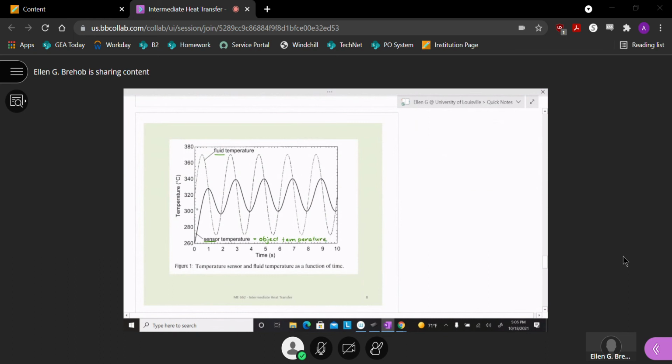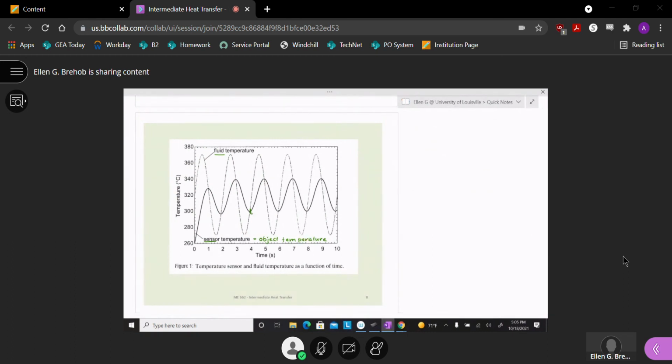Originally it's got some startup time to get to its steady state oscillation. Probably about here, we're already at this steady state.